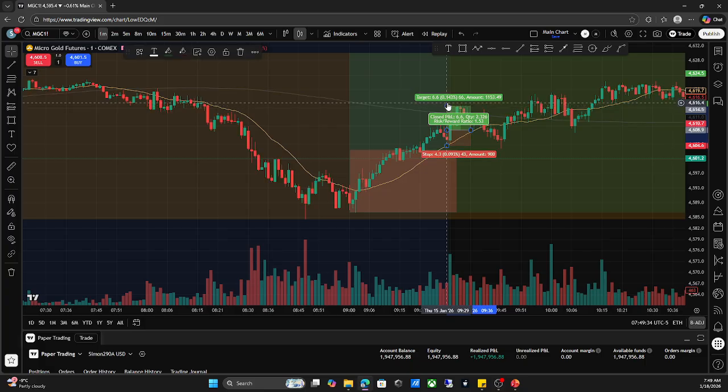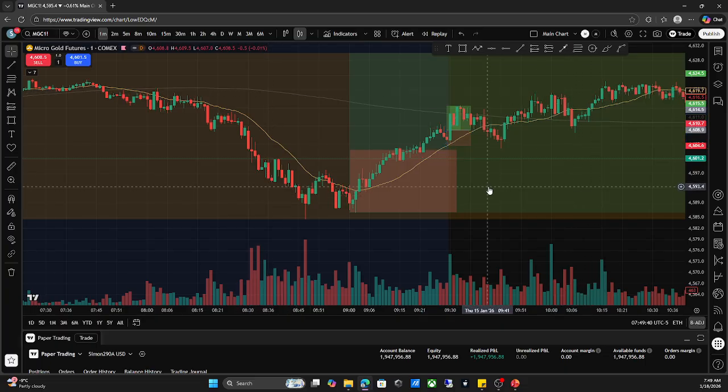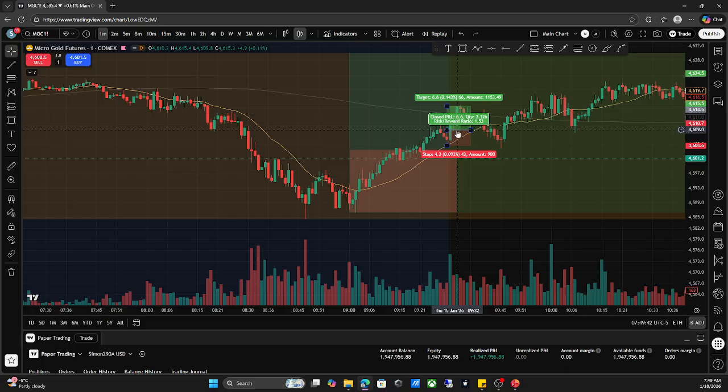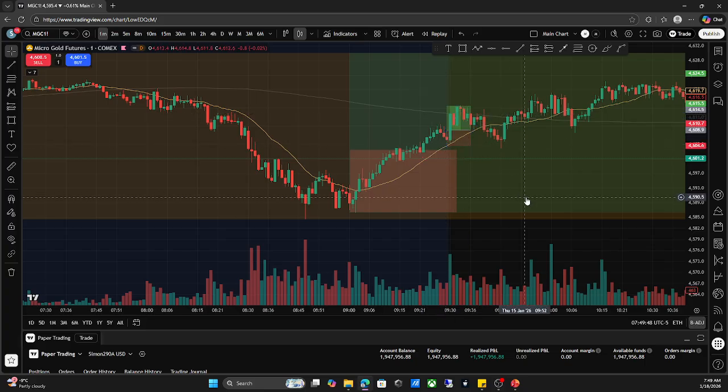I think target is higher. It didn't get there, but if we are targeting 1 to 1 plus candle, you would have made 1 to 1.